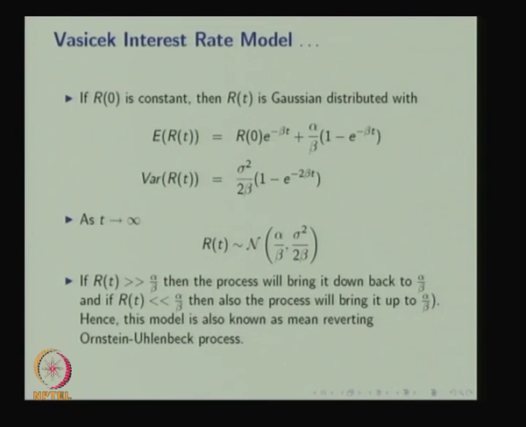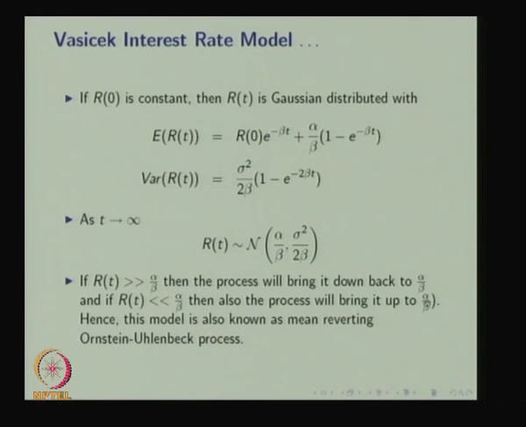So, when R of t is much greater than alpha by beta, then the process will bring it back down to alpha by beta, and if R of t is very small compared with alpha by beta, then also the process will bring it up to alpha by beta. That means this model is known as a mean reverting OU process.